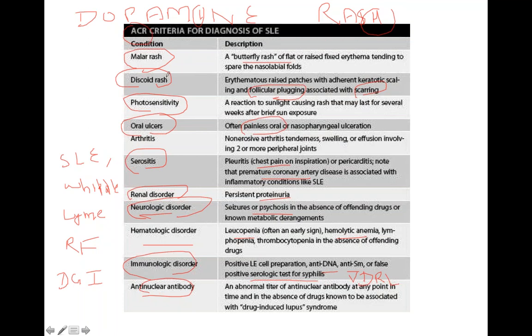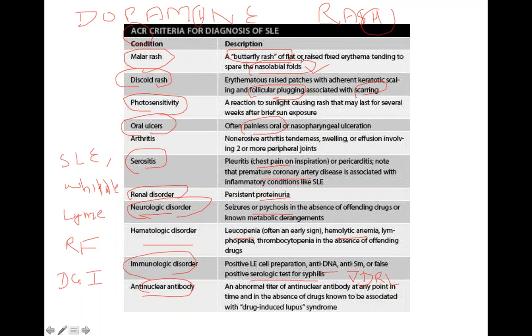So we have discoid rash, oral ulcers which are painless, P for photosensitivity, A for arthritis which is non-erosive and migratory, and M for malar rash. This is also important: a butterfly-like rash which spares the nasolabial fold. This is very important, I will explain this.